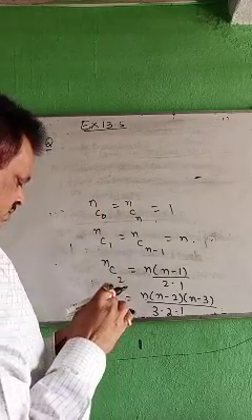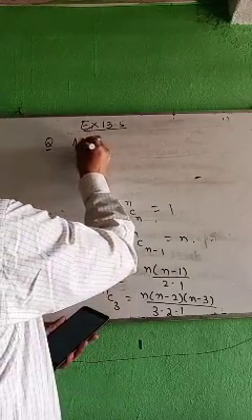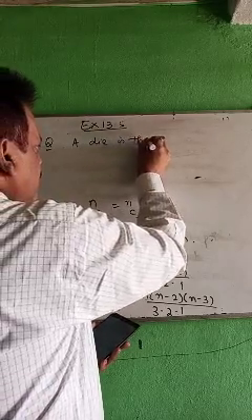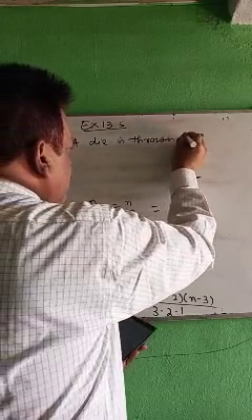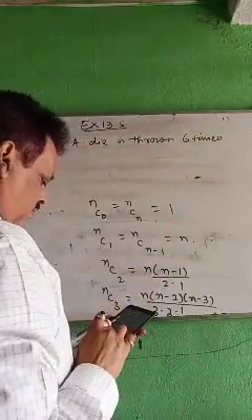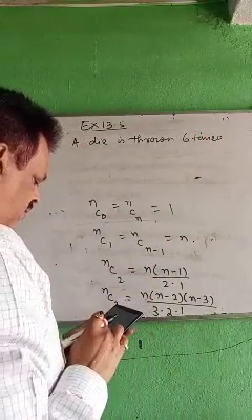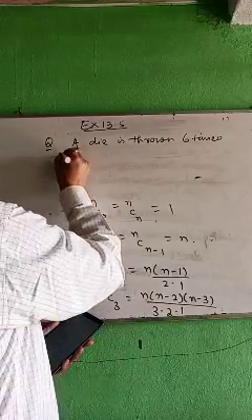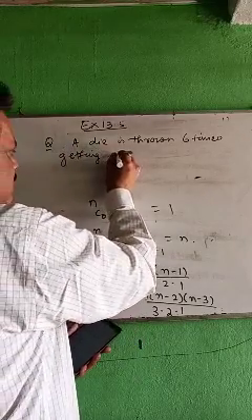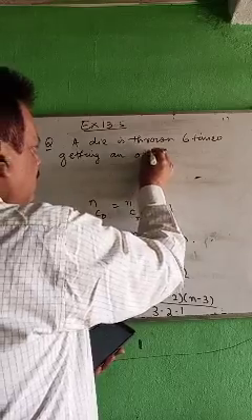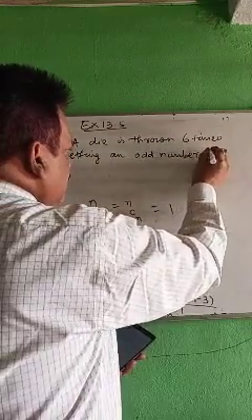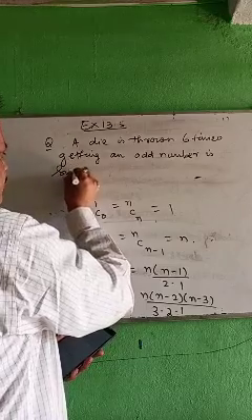A die is thrown 6 times. Getting an odd number is success.